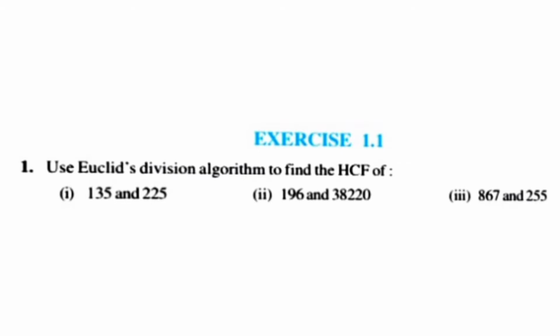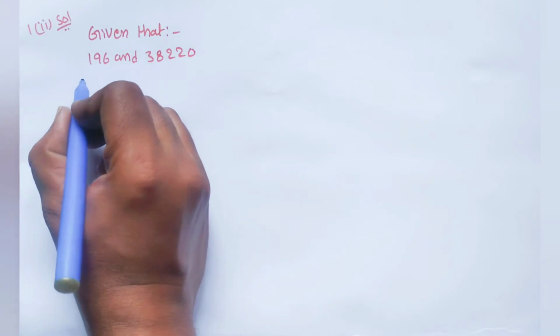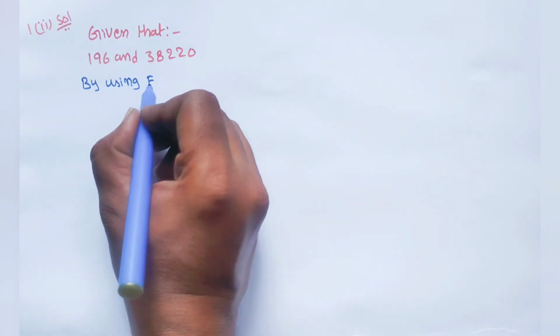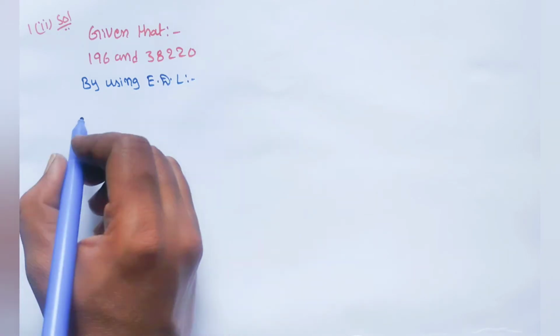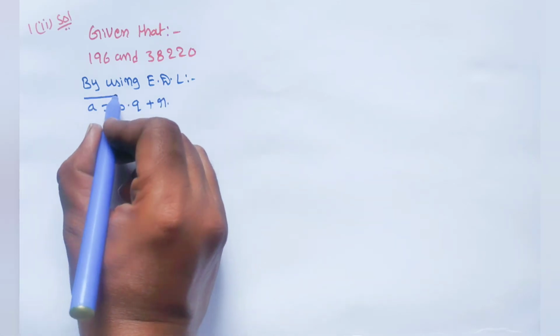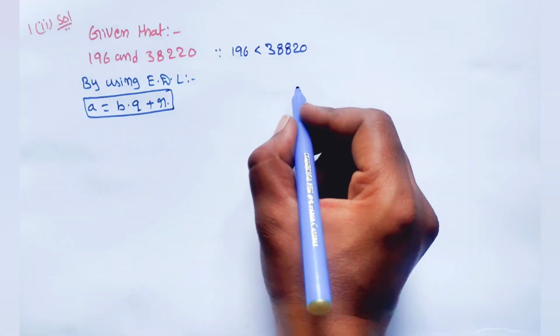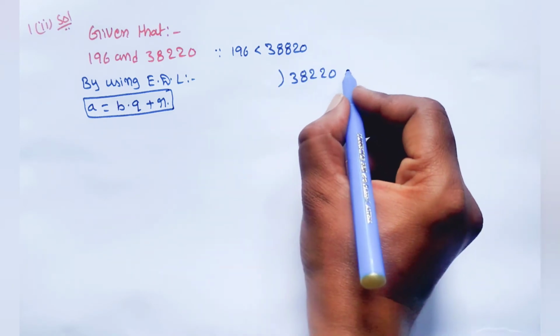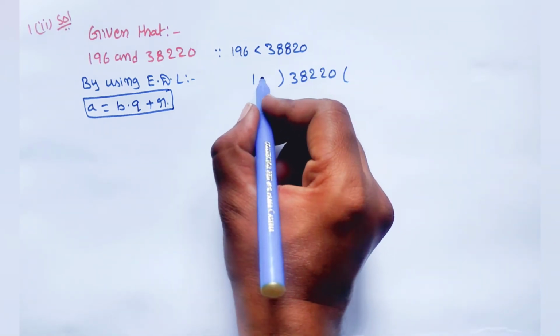Now we take first section, second question: 196 and 38220. Solution. Given that the two numbers are 196 and 38220, by using Euclid's division algorithm, A equals B into Q plus R. Here 38220 is the greater value, 196 is the smaller value.